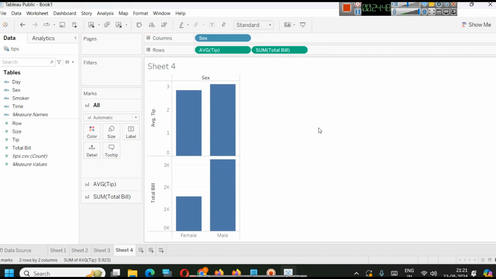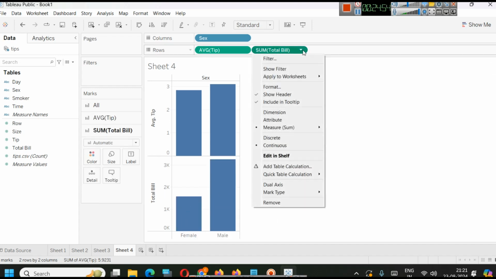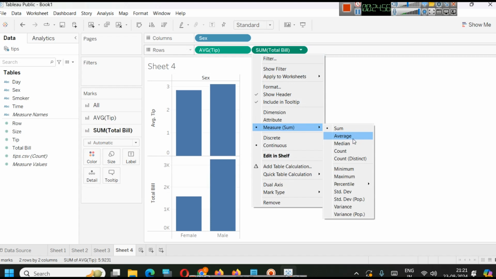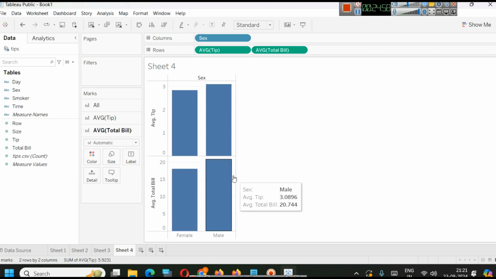If we remove this, this will give us an idea. So this is sum of total bill. We will not select sum of total bill; we will also say average. So on average, in case of male, total bill was 20 and average tip amount was 3. In case of female, the average total bill is also less and so is the tip.